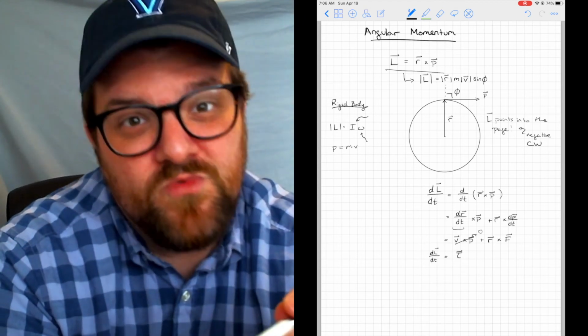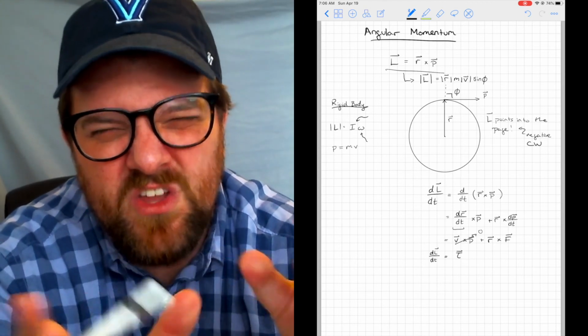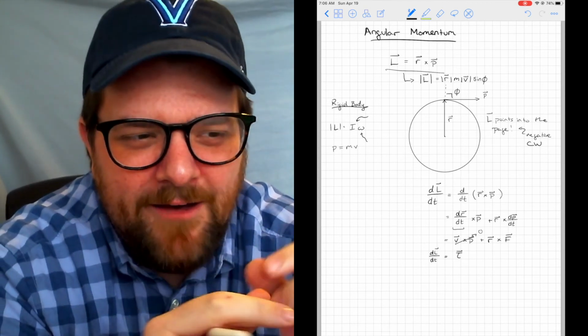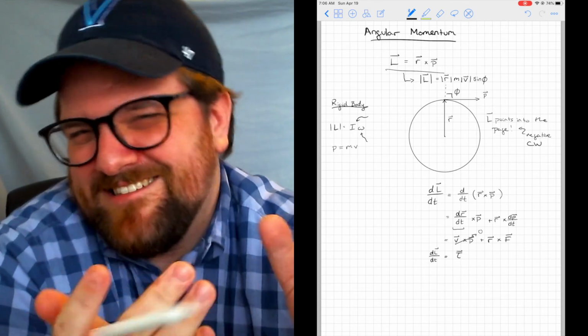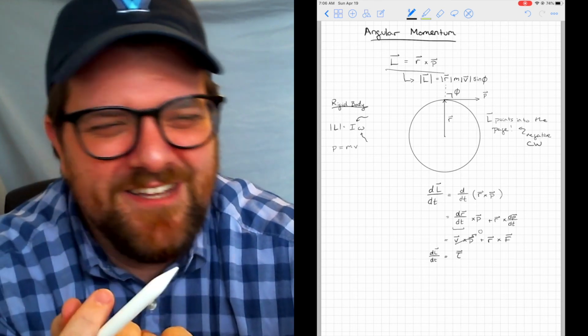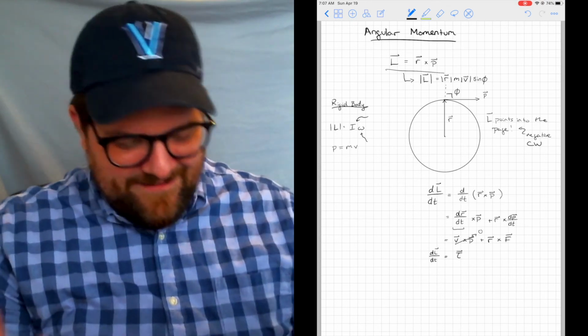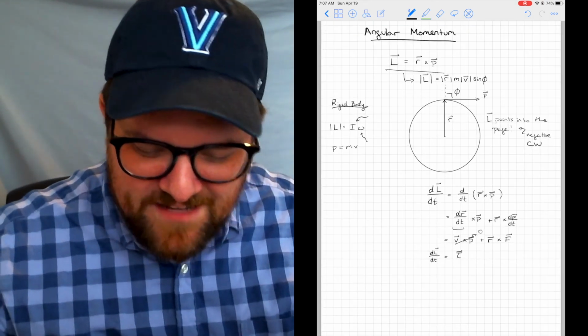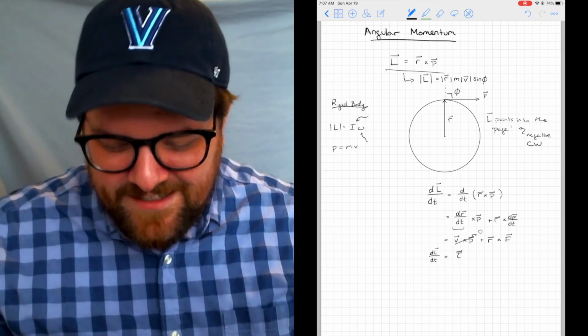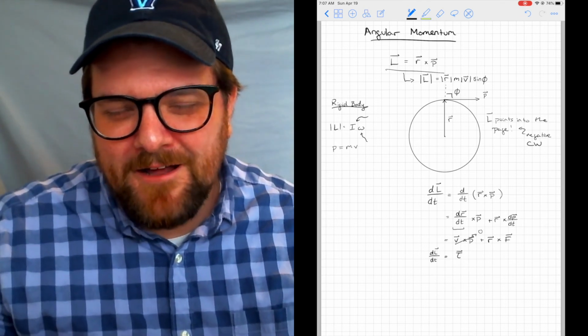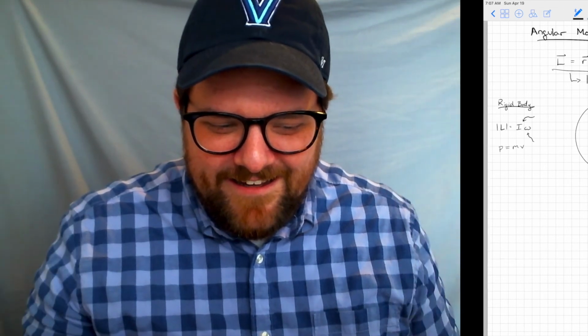Torque and force are really very similar concepts, even though they're not exactly the same. That's cool, man. It's not only cool, it's beautiful. There's some beauty in this. And if you don't see that, if you don't appreciate that, that's okay. You're not necessarily all really gunned up for physics.